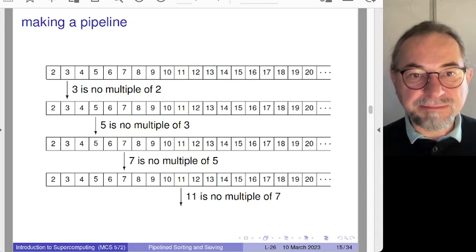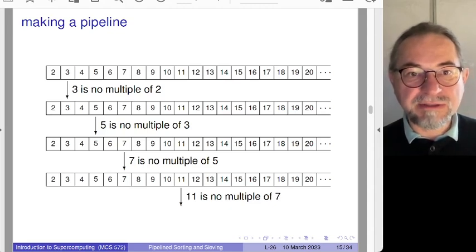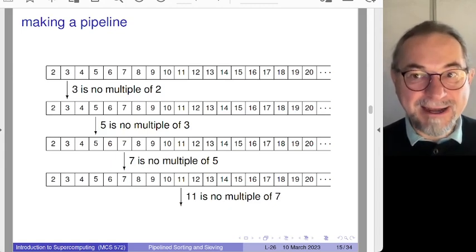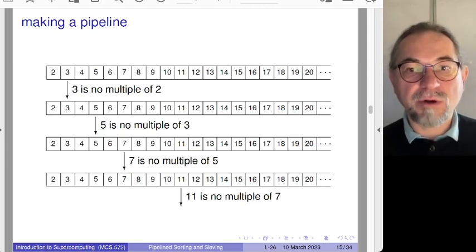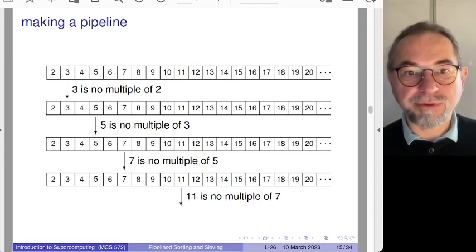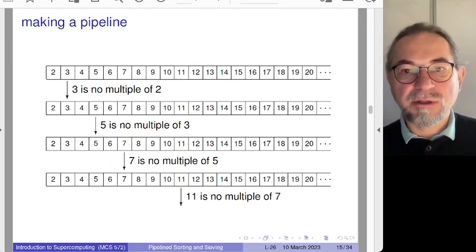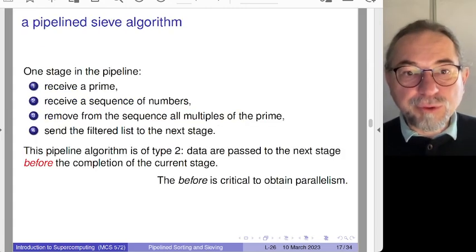And the next processor, as soon as it sees that 5 is not a multiple of 3, is not wiped out, then it can also tell the next processor, why don't you wipe out all the multiples of 5, and continue this with 7 and 11. So this is a type 2 pipeline.